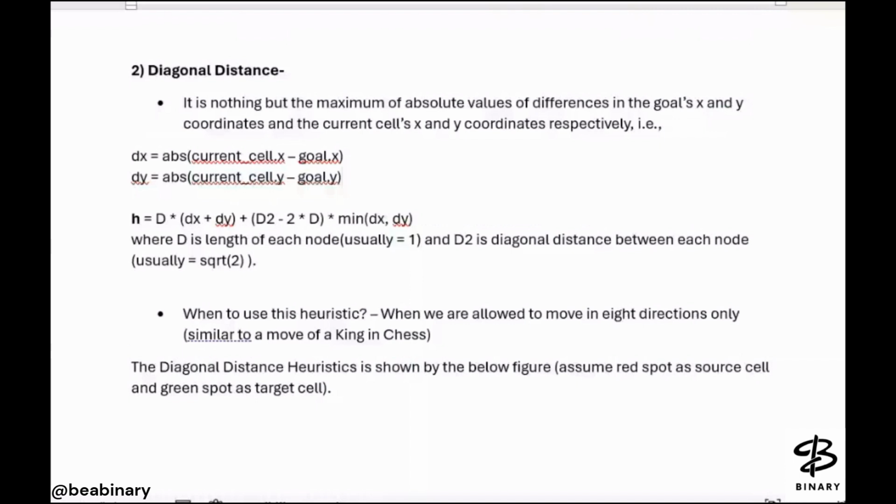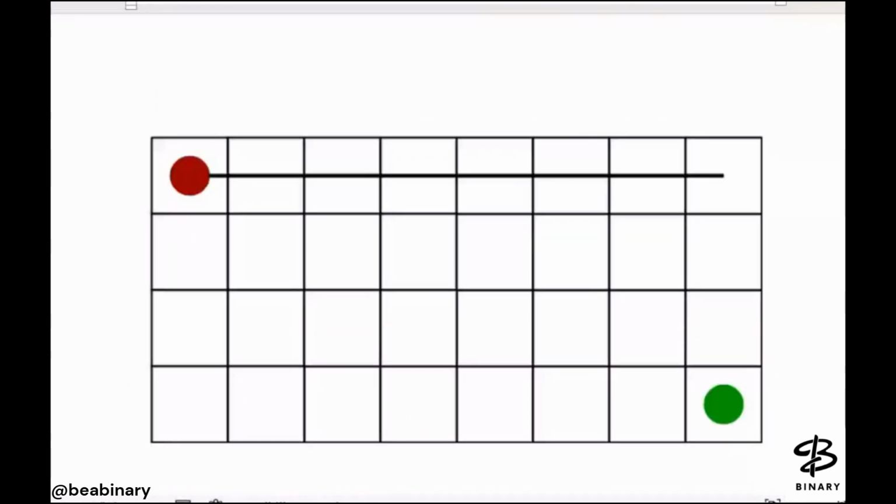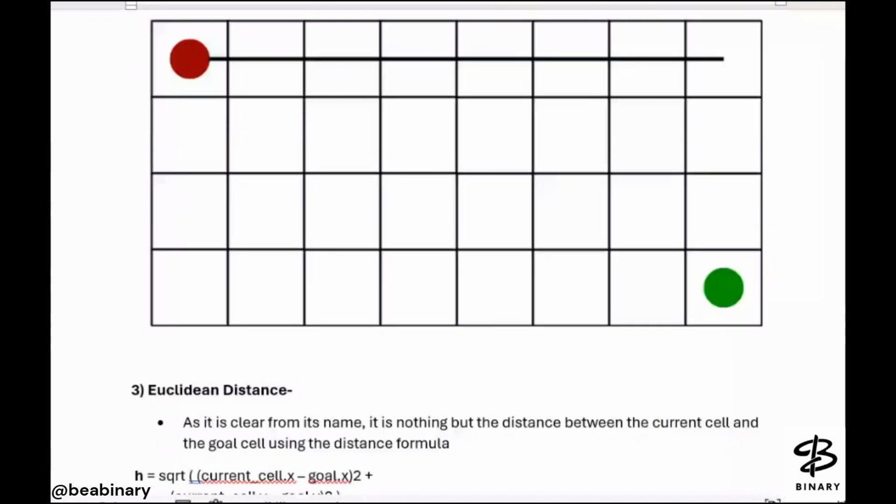Here D is the length of each node, usually 1, and D2 is the diagonal distance between nodes, usually the square root of 2. We use this heuristic when we are allowed to move in 8 directions, similar to the move of a king in chess. So for a chess game we can use the diagonal distance heuristic.